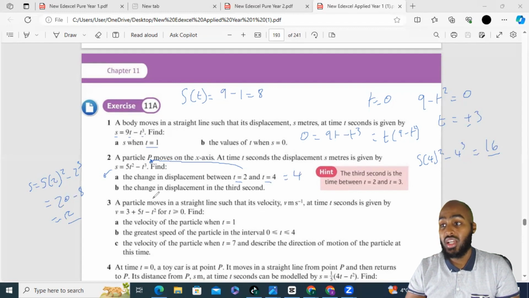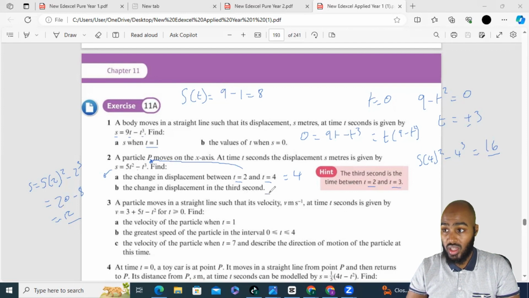Okay, and then it says change in displacement in the third second. And it gives a little hint. The third second is the time between t2 and t3. So what is the change? We'll just calculate what t3 would be. So put t3 in here and do the same thing. So when we put 3 in there, we get 5 times 3 squared minus 3 cubed, 18.